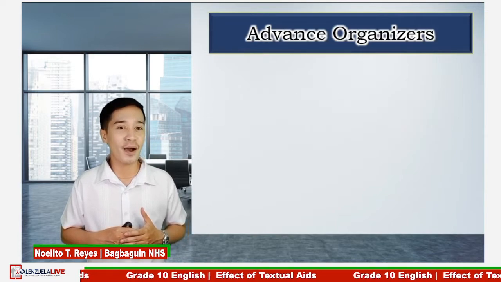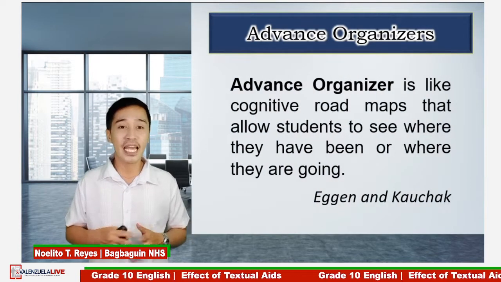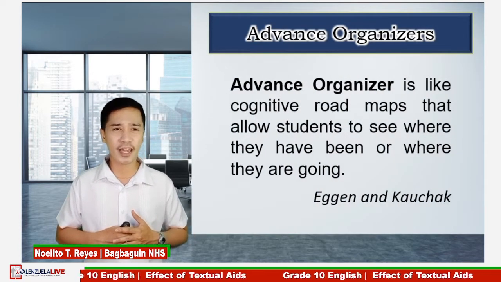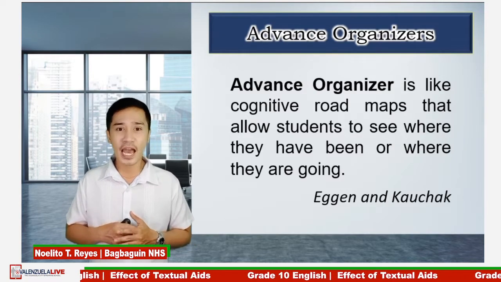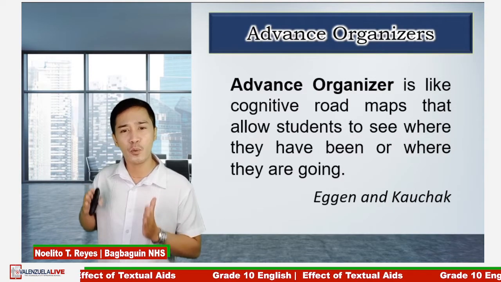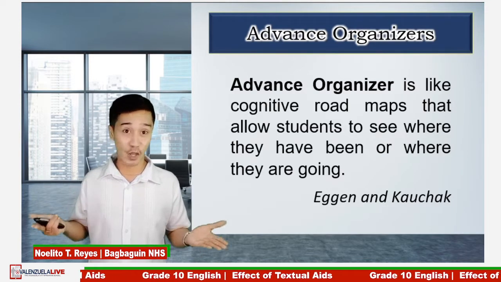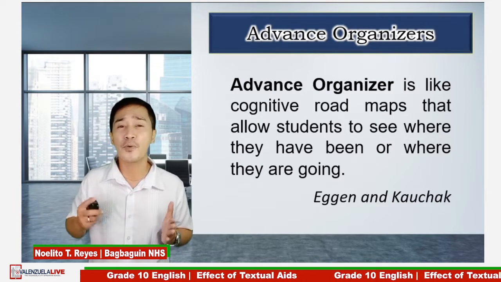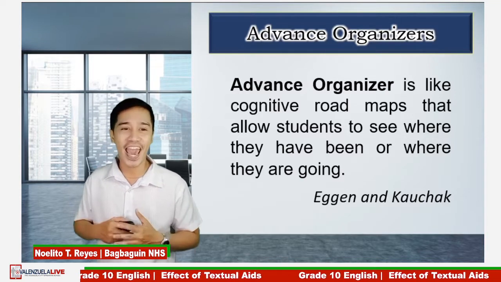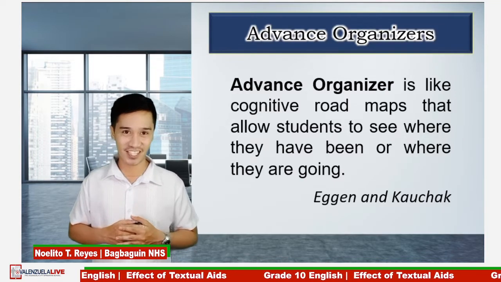And as stated by Eggen and Kauchak, advanced organizers are like cognitive roadmaps that allow students to see where they have been or where they are going. In other words, it gives you a preview of what is to come and gets you interested in seeing more.